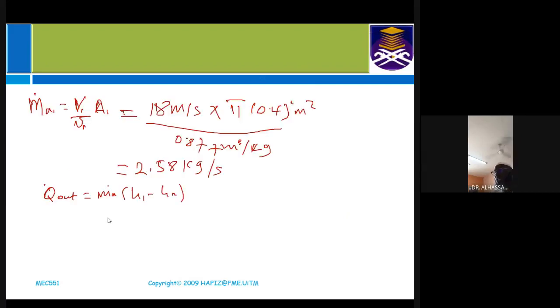So from this equation, what is our Q out is given already. So we have 120 kilojoules per minute. We express per second, so divided by 60 seconds, or 60 kilojoules per second. Sorry, it should be like this instead.